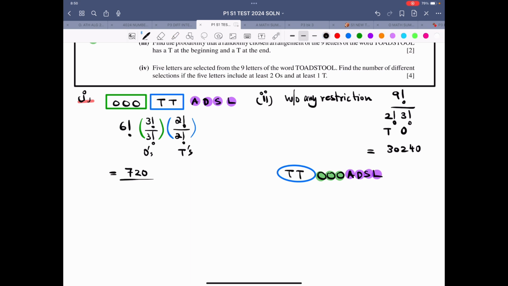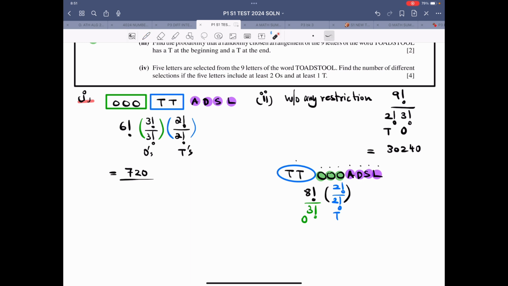So what do we have? We have 1, 2, 3, 4, 5, 6, 7, and 8. That is 8 factorial. What is happening inside the blue box? That is 2 factorial over 2 factorial. And outside, this 8 factorial is divided by 3 factorial for the O's. This is for O's, and this one is for T.